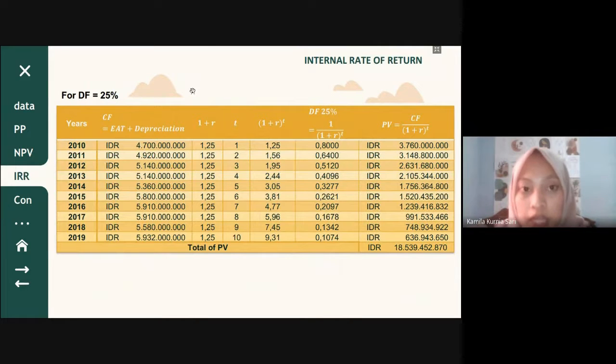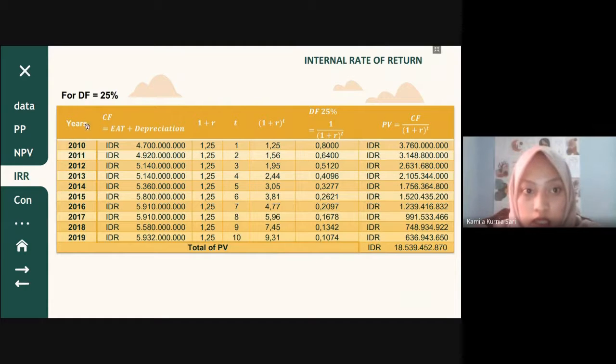For the second, we choose any required profit such that the total of PV will have a result less than the investment. This is the calculation for the discount factor for the 25% required profit.